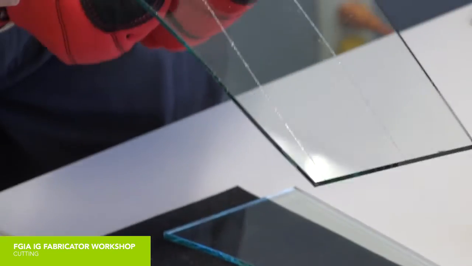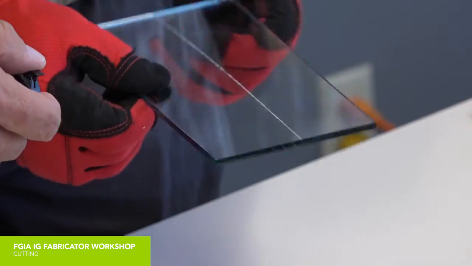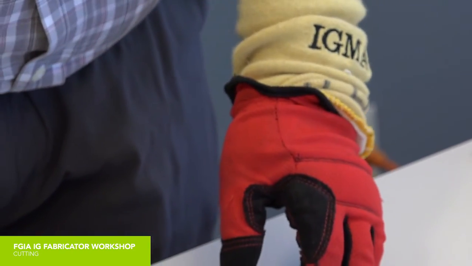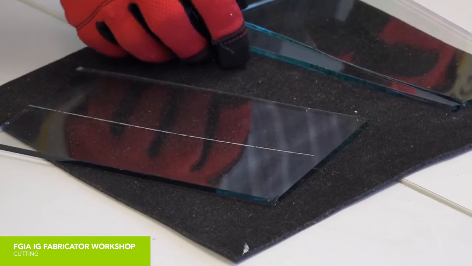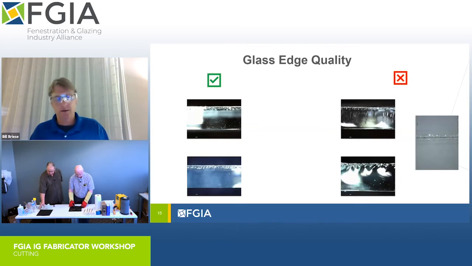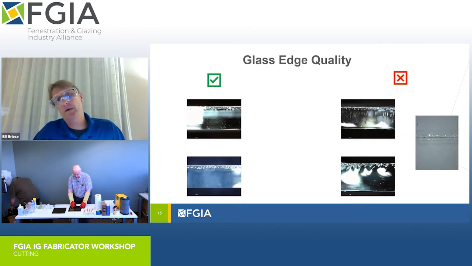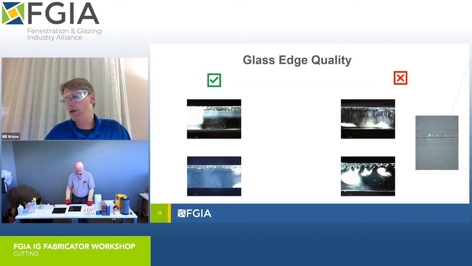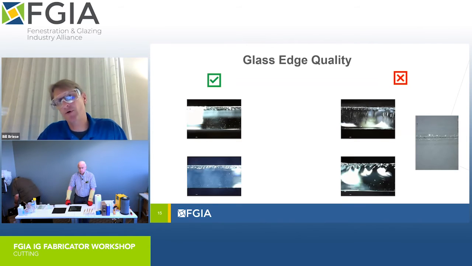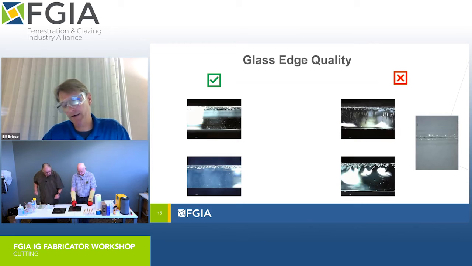That broke okay. And from this point, you can start to evaluate the cause and effect of more or less force, different angles, and the relative ease with which that score line breaks out, okay?